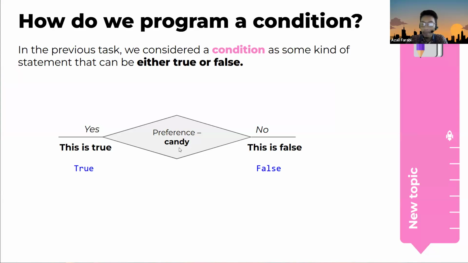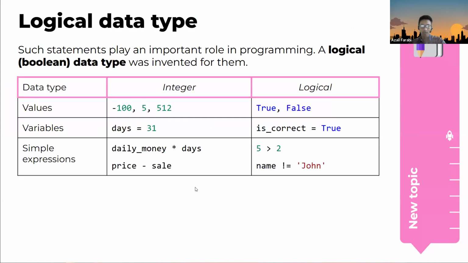If you have a variable and its value is, let's say, true, it means that the type of your variable is Boolean, or logical. That's the first thing. Now, could I see a real example of that?